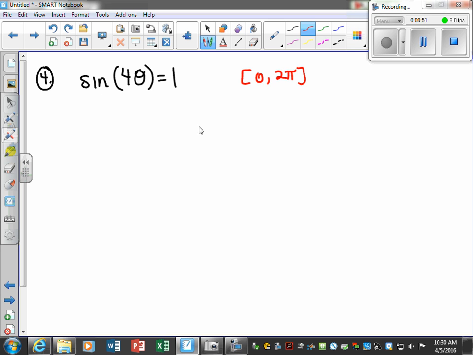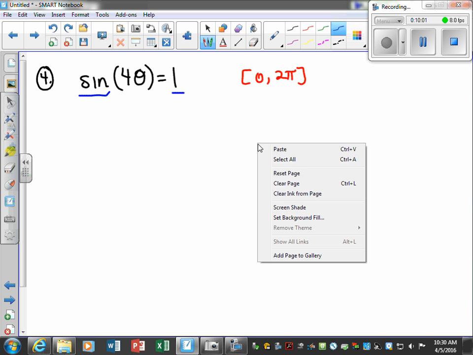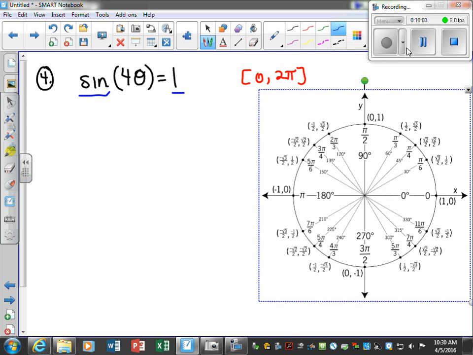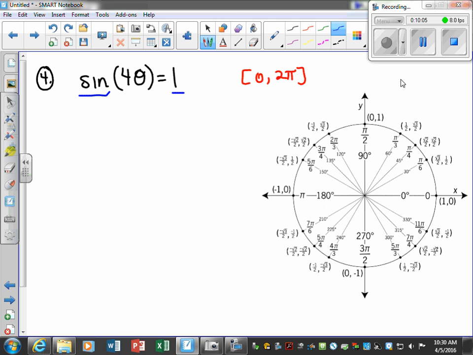So before we start working with this, we want to know, where is the sine function equal to 1? Pi over 2, right? Y value, positive 1. So that occurs at pi over 2. So let me write this so we have a trail.